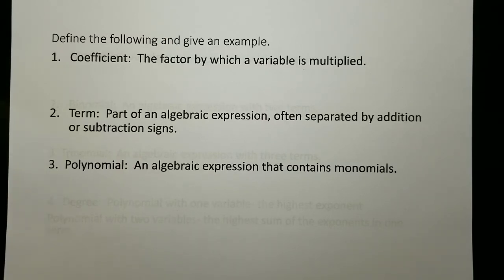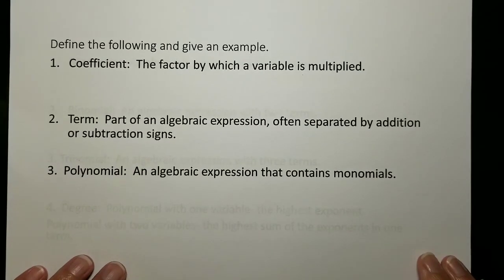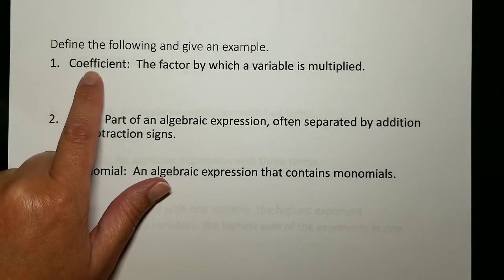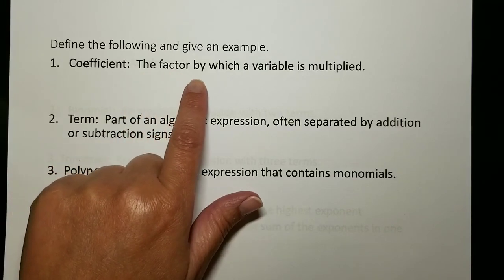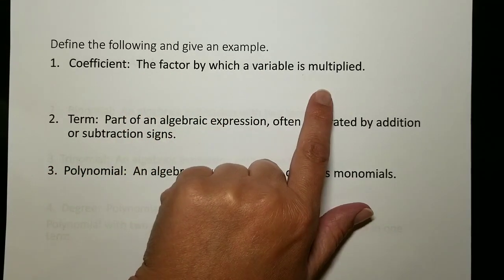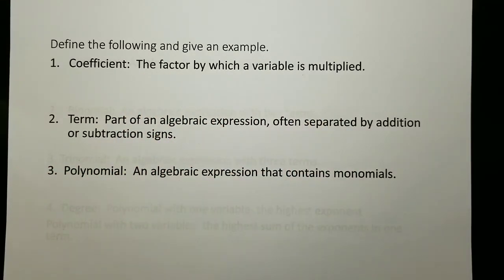A few more definitions here. The first one, a coefficient. The definition of that is the factor by which a variable is multiplied. Now we're going to look at some examples of this, but that's the mathematical definition.